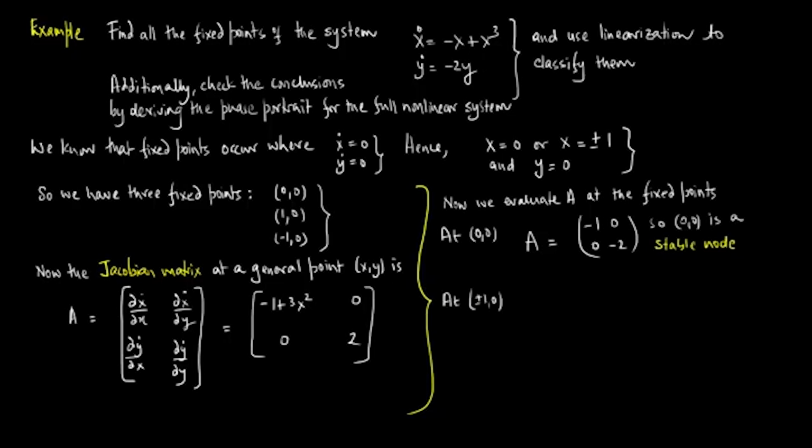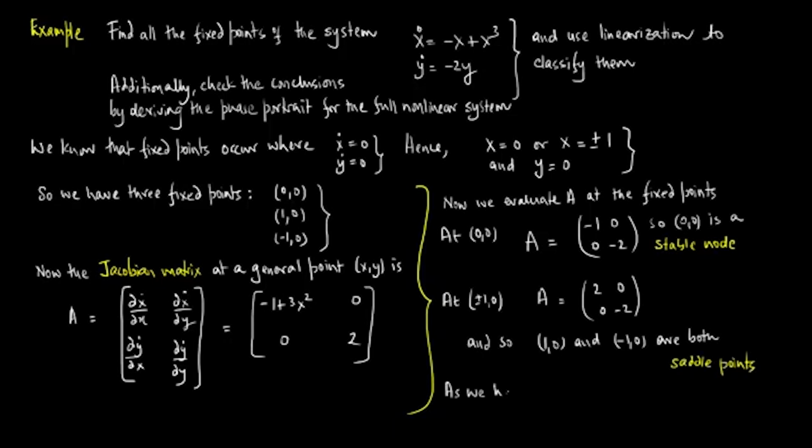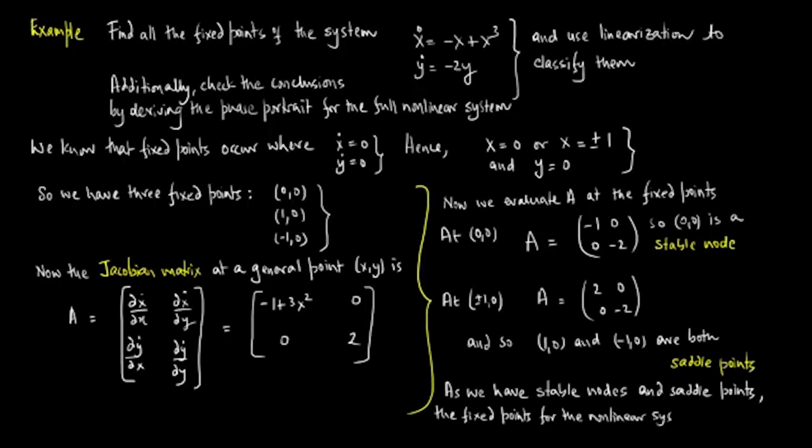At (plus or minus 1, 0), A is equal to (2, 0; 0, minus 2), and so (1, 0) and (minus 1, 0) are both saddle points. As we have a stable node and saddle points, the fixed points for the nonlinear system are in fact predicted correctly.